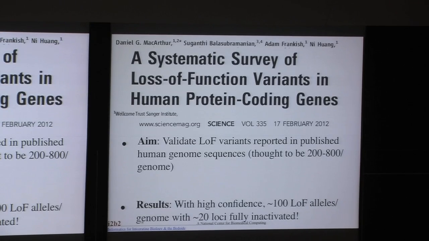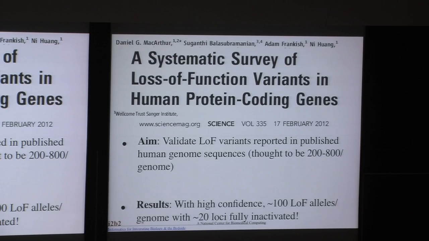And then I got even more courage when I saw this very nice study that just appeared in Science, Systematic Survey of Loss of Function Variants in Human Protein Coding Genes. And when they looked at a number of whole genome sequences, they found loss of function alleles, major termination, frame shift mutations in a number of genes that apparently did not cause disease.